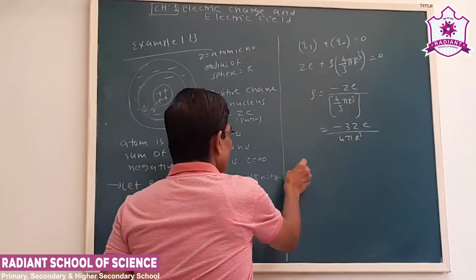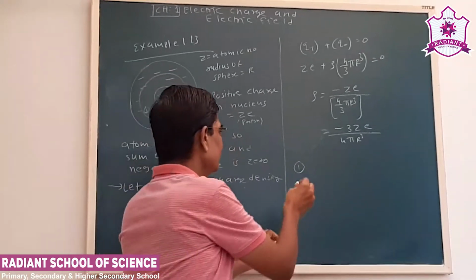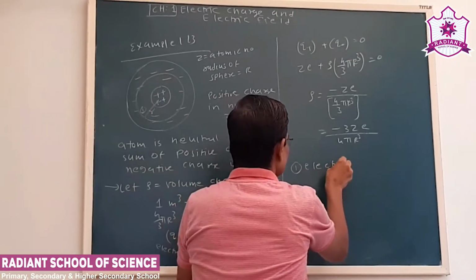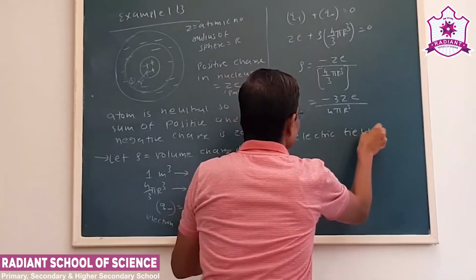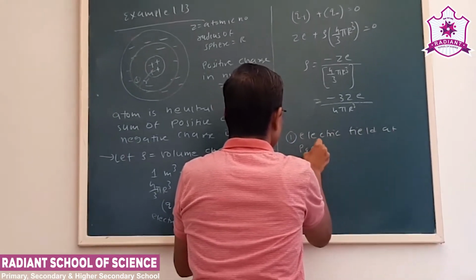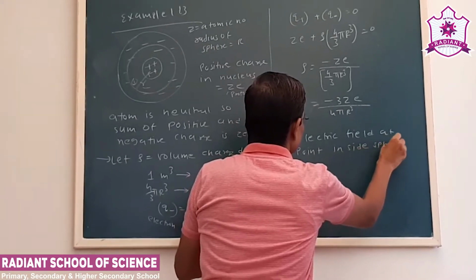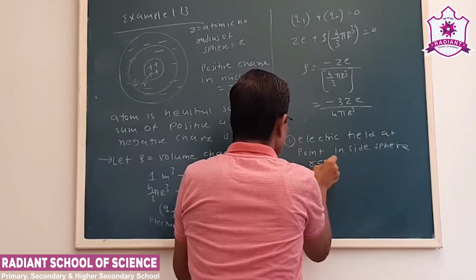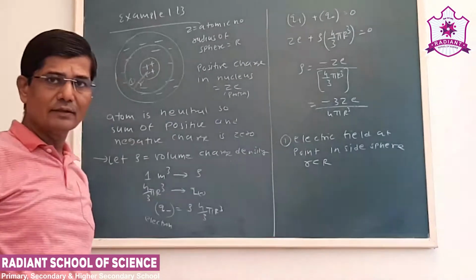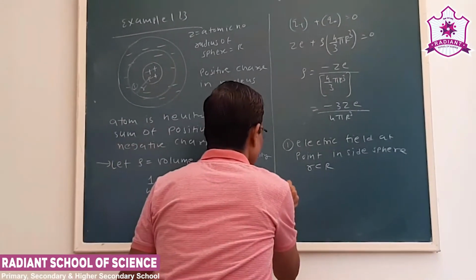Now first we have to find the electric field at a point inside the sphere, that is r less than R. Let us say the charge is Q1.